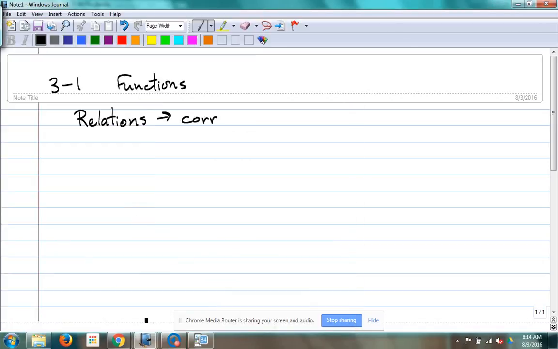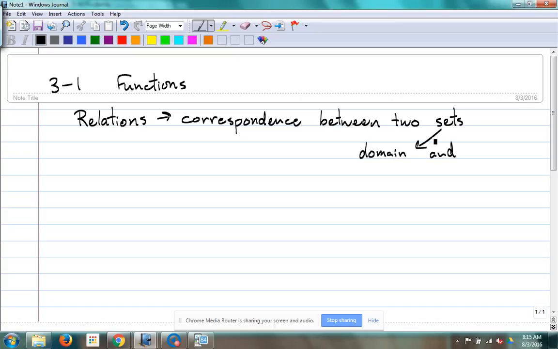So it's just a correspondence between two sets. Those sets that we'll deal with mostly in college algebra are the domain and the range.